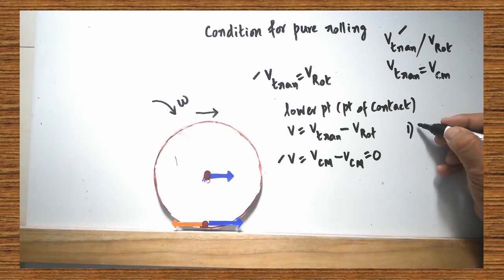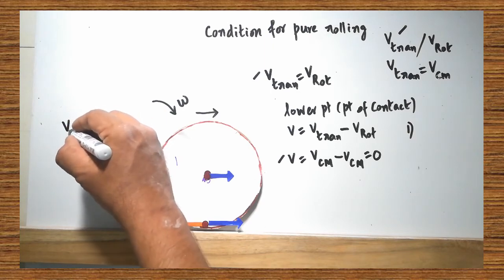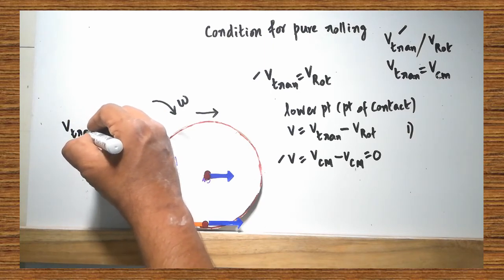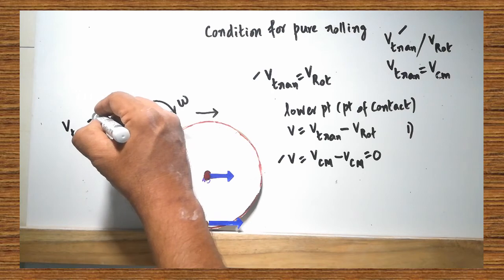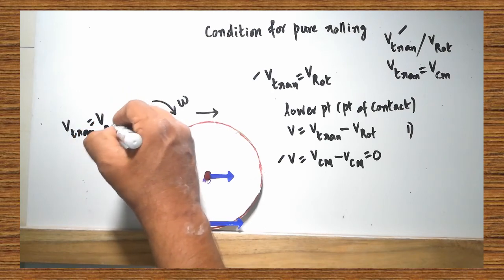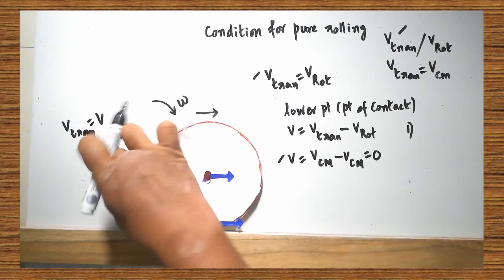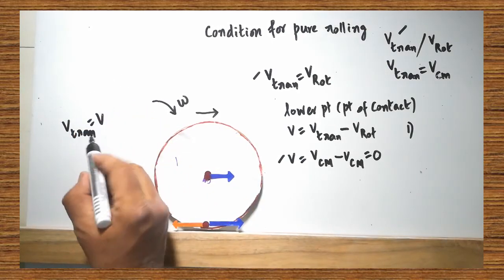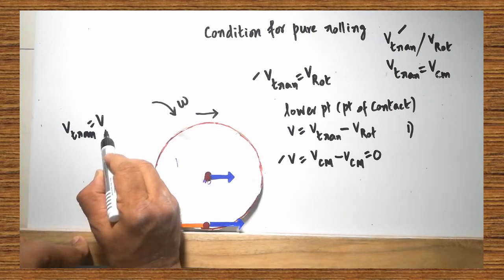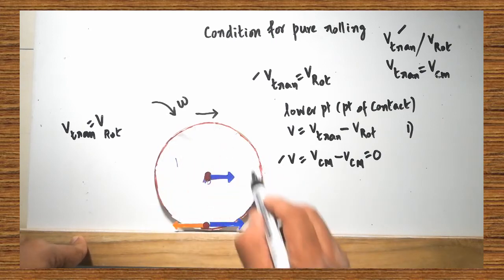The first condition for pure rolling is V translational must be equal to V rotation. This is the most important thing. V translation must be equal to V rotation. So whenever you do any problem, don't forget V translation must be equal to V rotation for all the points which are located on the edges.